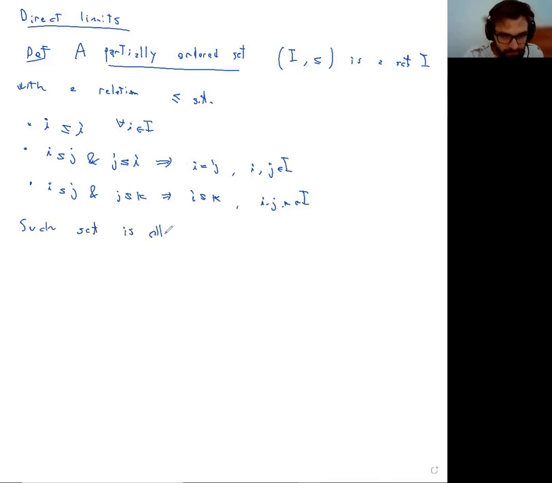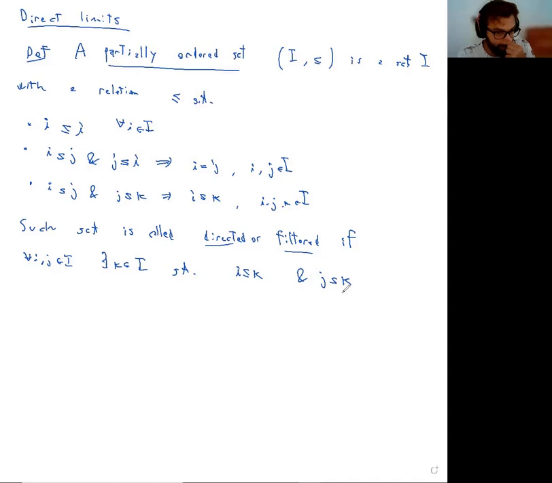Such a set is called directed, or filtered, if every time you have two elements i and j, there exists a third element k such that i is less or equal than k and j is less or equal than k. So in a totally ordered set, if you have i and j, then either i is less or equal than j, or j is less or equal than i. But here we have something different. It's just that if you have two elements, there is always someone which is greater than both.